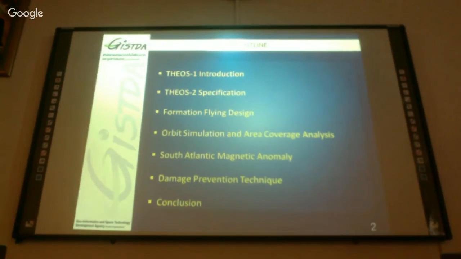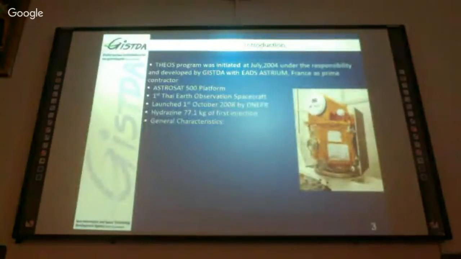TO1 is the Thailand Earth Observation Satellite, work on which was initiated in July 2004 with EADS as the builder company.